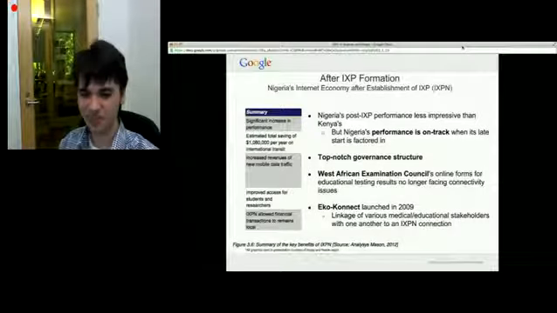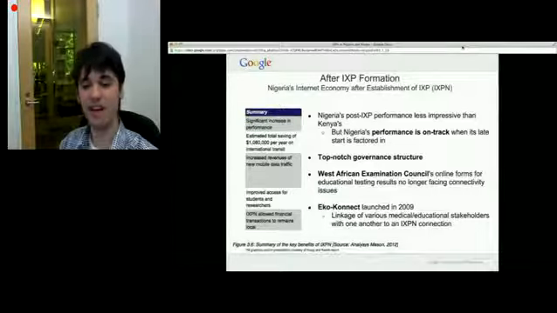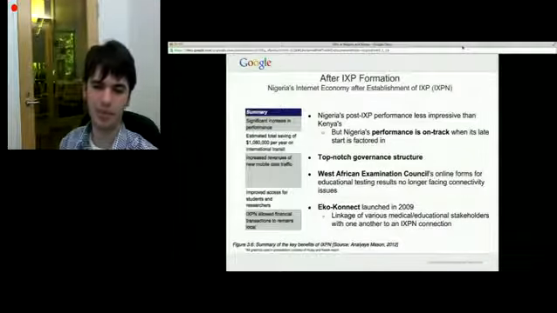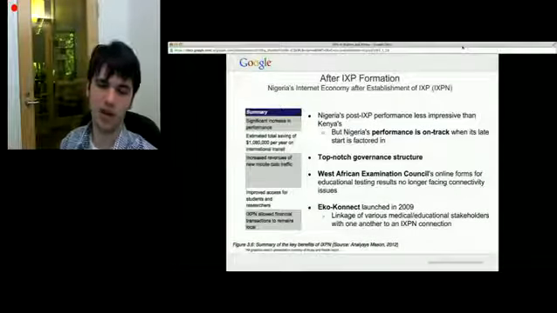So that had been an issue, and after the IXP went online and you saw improved quality and speed of the internet, all of a sudden students were able to access that form for testing results in a quicker load time and an easier way than in the past.